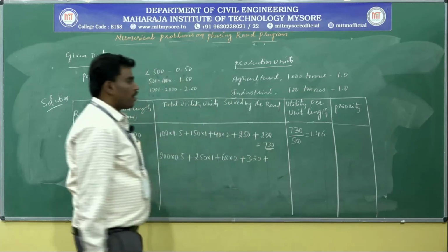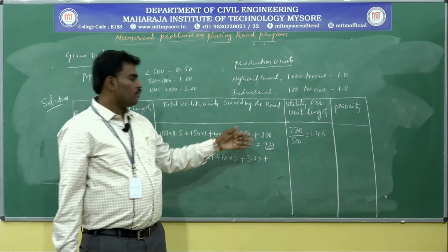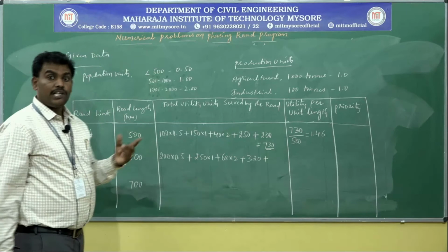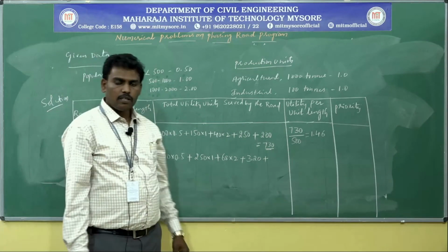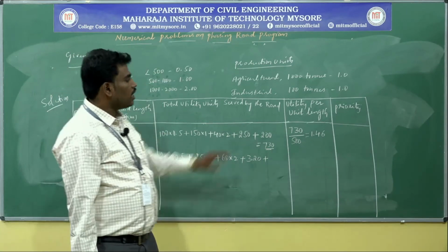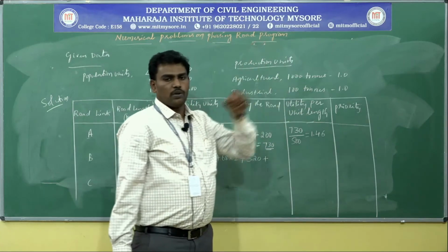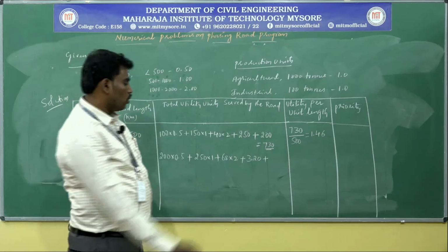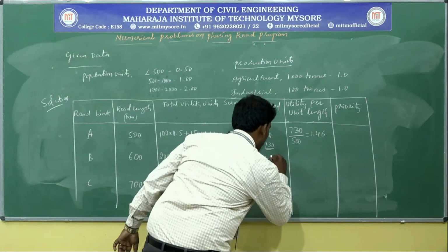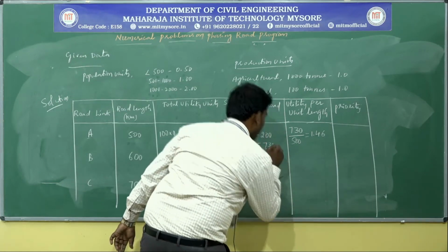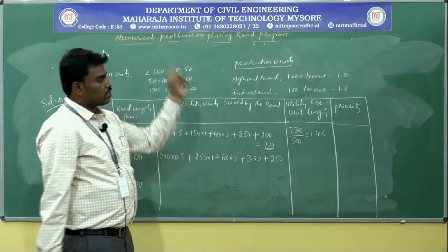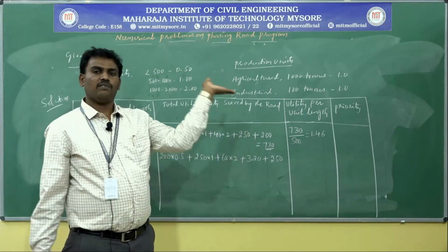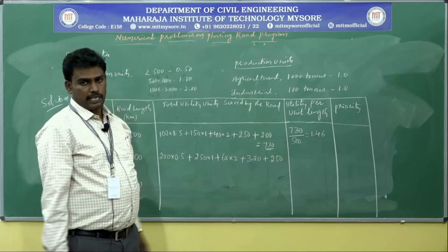Plus industrial products. For road link B, they have given 25,000 tons. Here 100 tons is equal to 1 unit, so 25,000 tons is equal to 250 units, because we convert at 100 tons per unit.